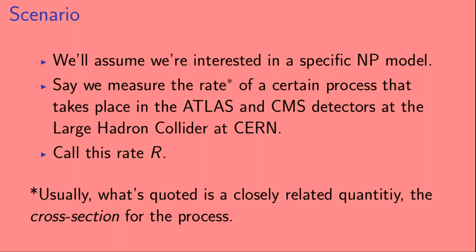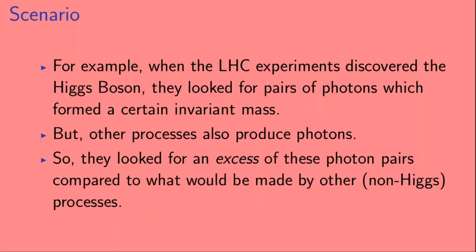Let's call this rate R. For example, when the LHC experiments discovered the Higgs boson, they looked for pairs of photons which formed a certain invariant mass. But other processes also produce photons. So they looked for an excess of these photon pairs compared to what would be made by other non-Higgs processes.